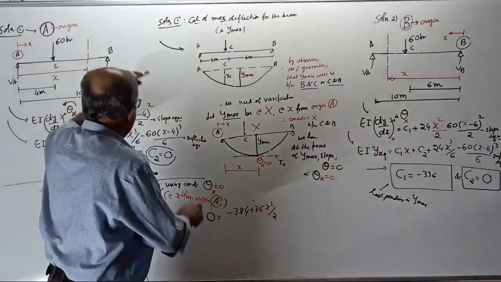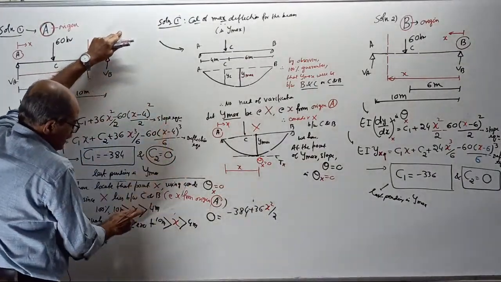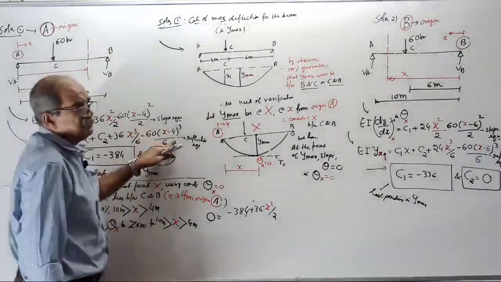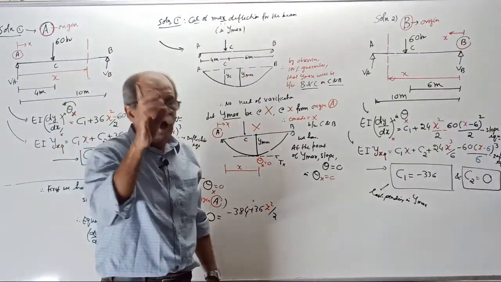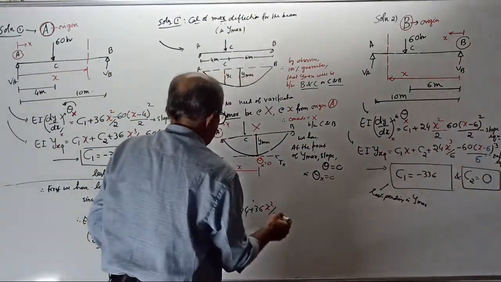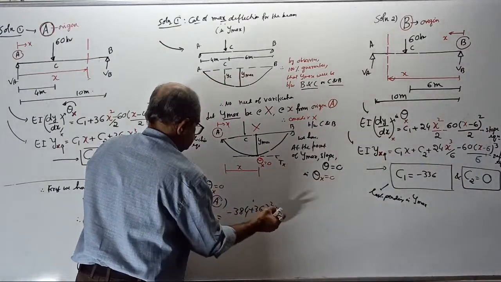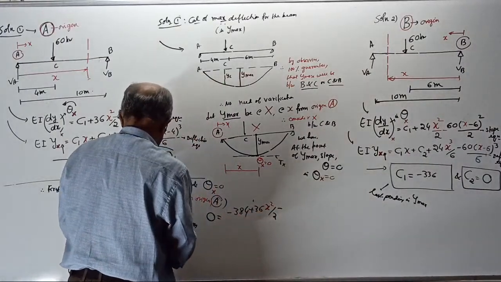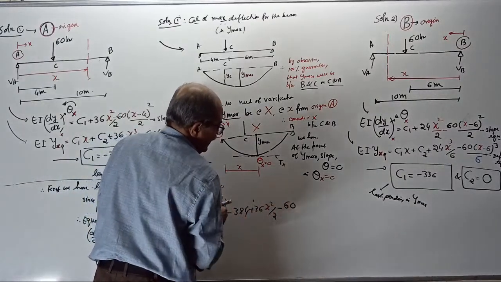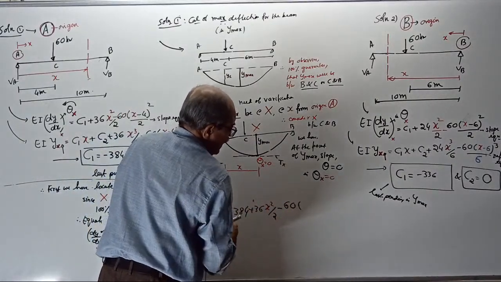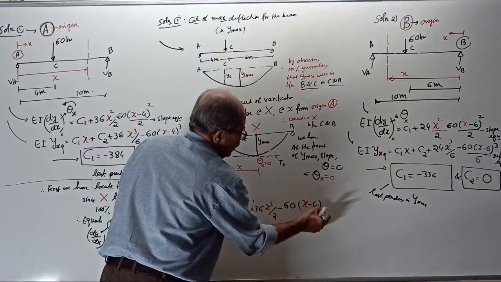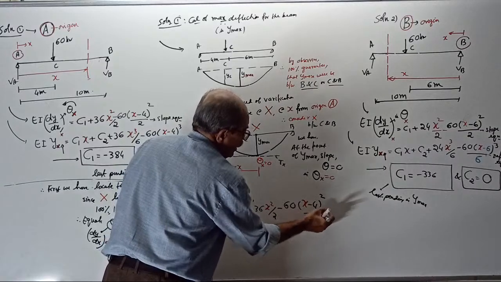See, we got x minus 4 here. Our condition, x more than 4, less than 10. So that x minus 4, is it there or not there? It is there. Minus 60 into bracket x minus 4 whole square by 2. Make a note here.